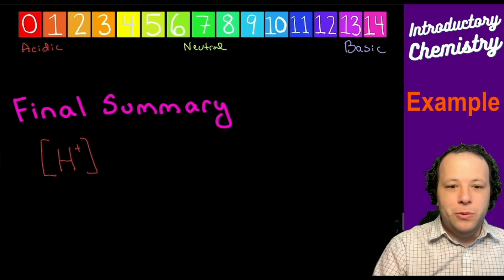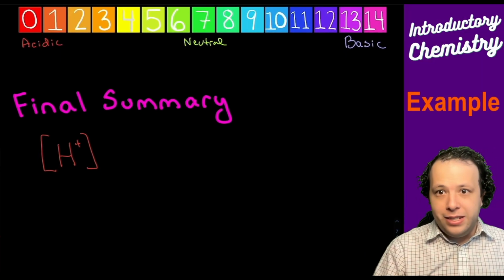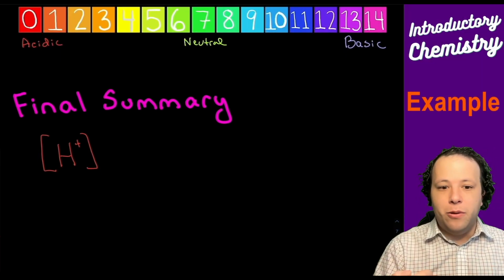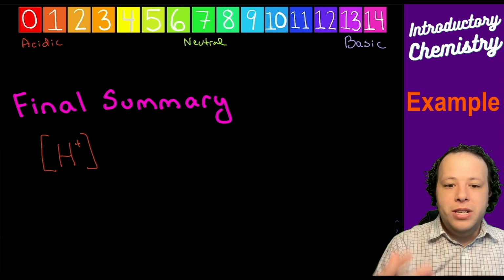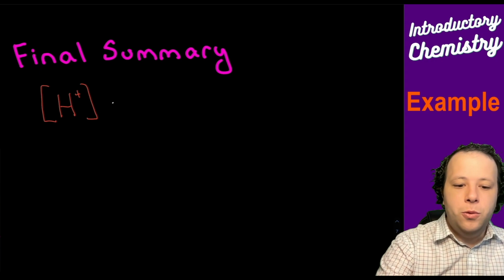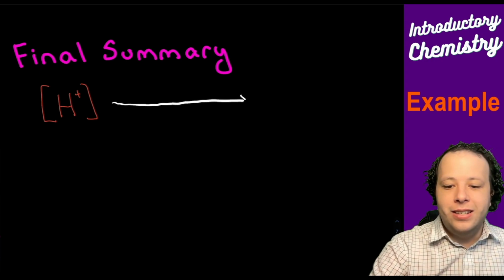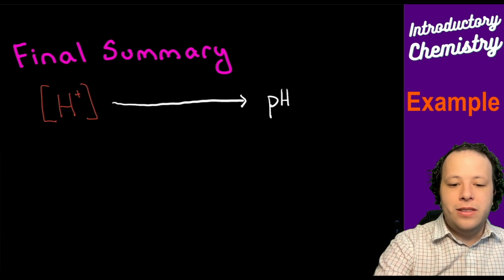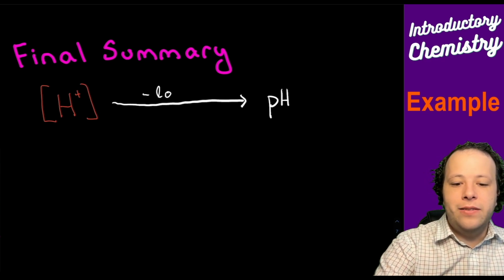In summary, what does all this tell us? Let's look at how all the formulas work. Originally, if we started from a concentration of H+, we can convert that to pH. In order to convert that, we use the negative log of H+.